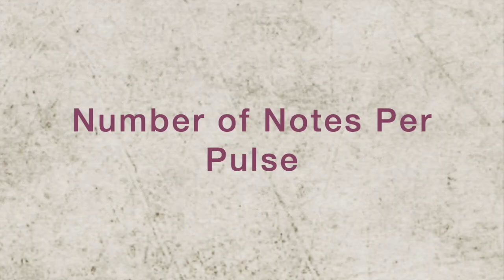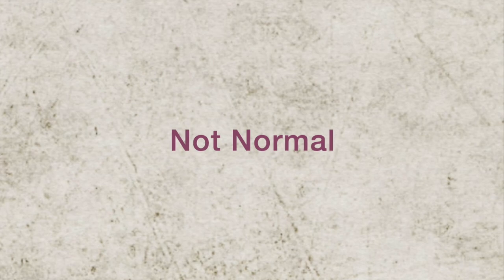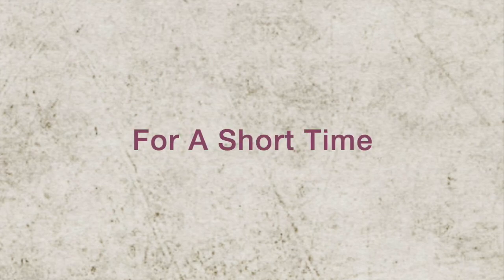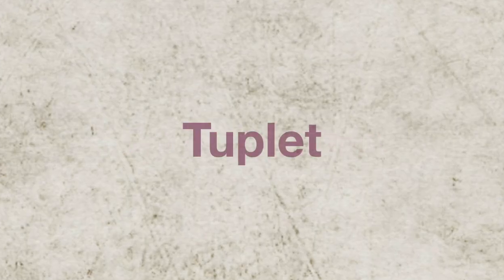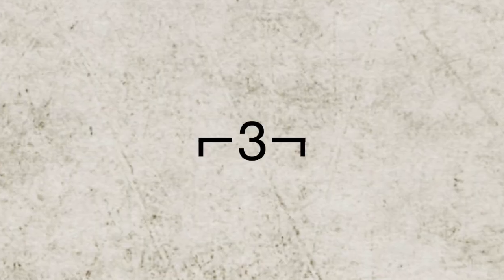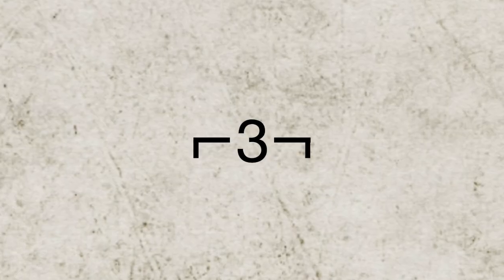A music piece may also have a number of notes in each pulse that is different from normal for a short period of time, in which case there is a device called tuplet that is notated by a number with or without a bracket on top of the group of notes or rests affected by it.